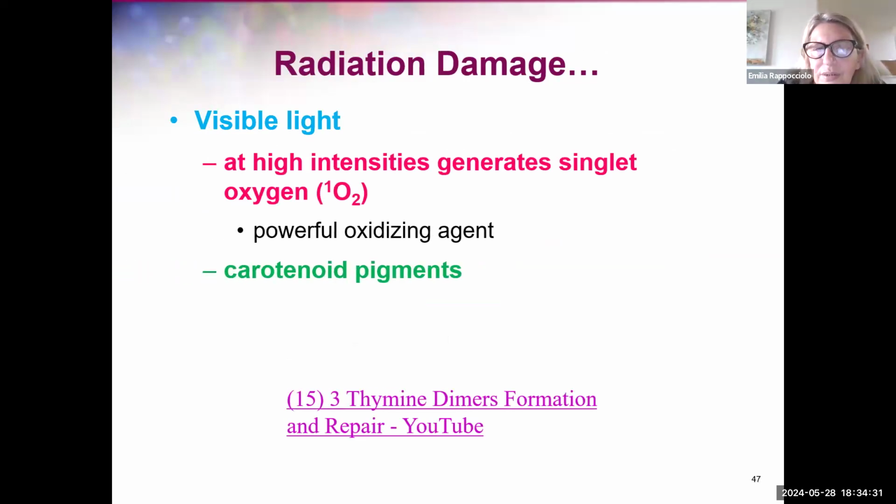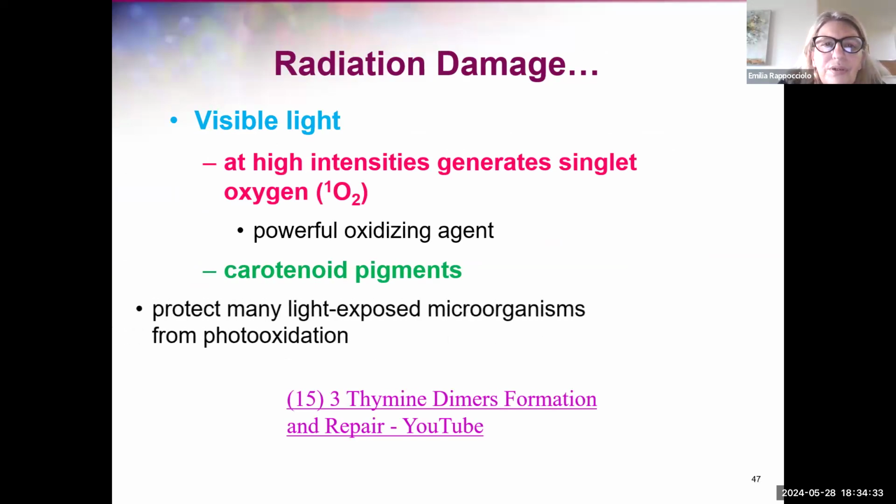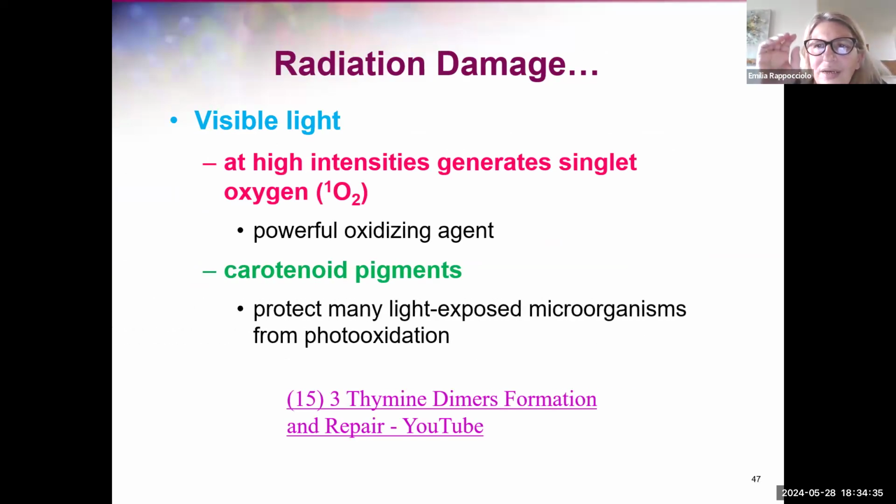As I said, visible light also can cause some damage. It has to be high intensity of light, but at high intensity of light, again, you have the singlet oxygen, which is a powerful oxidizing agent. This could be a problem for organisms that are photosynthetic, because if you carry out photosynthesis, you want a lot of light, so you are exposing yourself as much as you can to light.